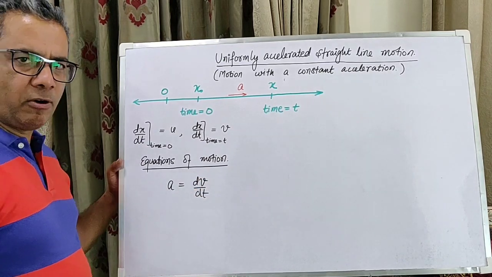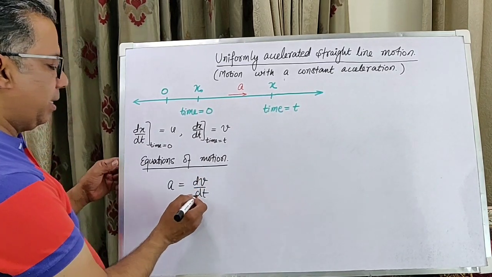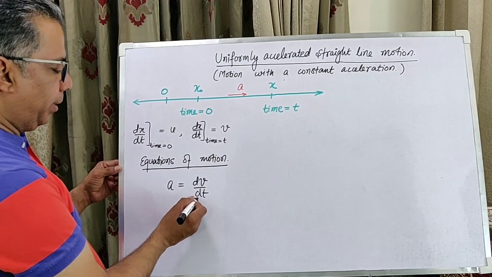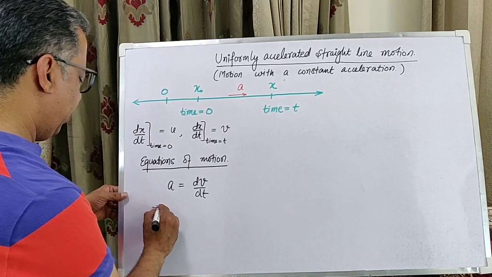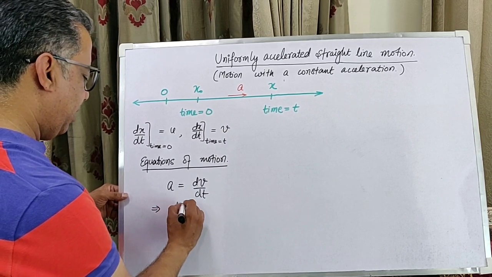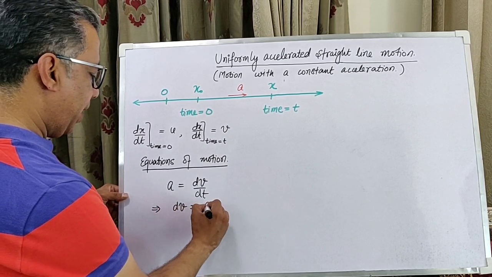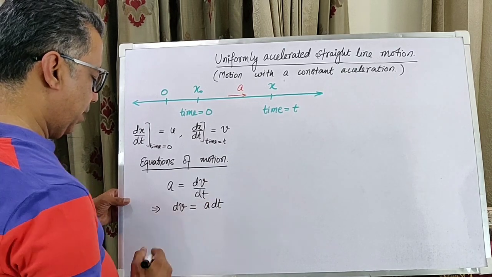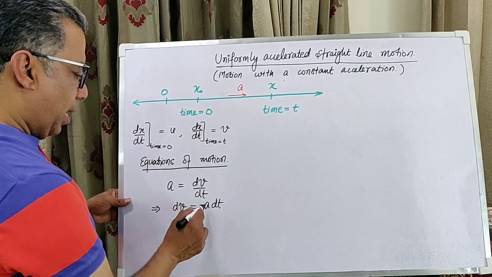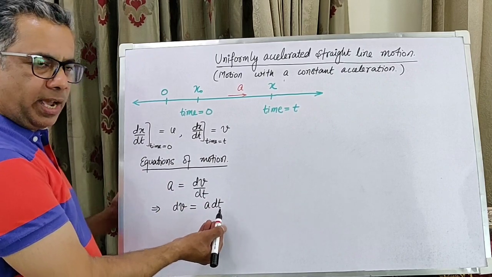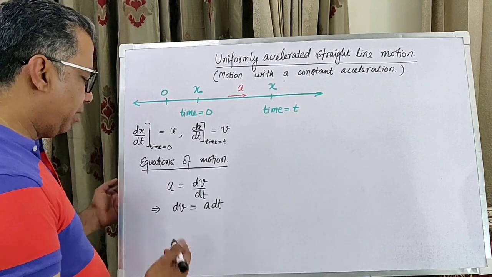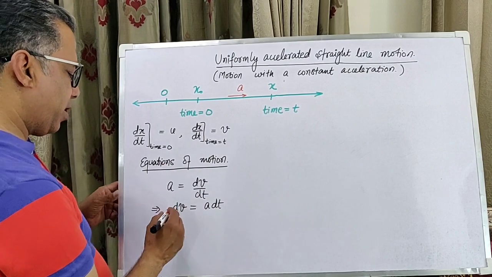That's the definition of acceleration. Now we bring dt onto the other side of this equation and we get dv equal to a dt. Now remember, a is a constant and constants will stay outside any integrals, any integration that we might do.